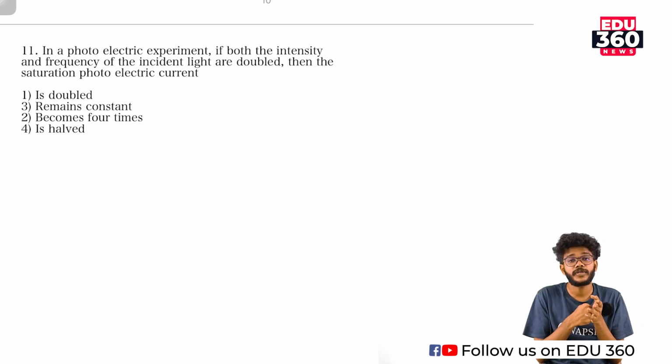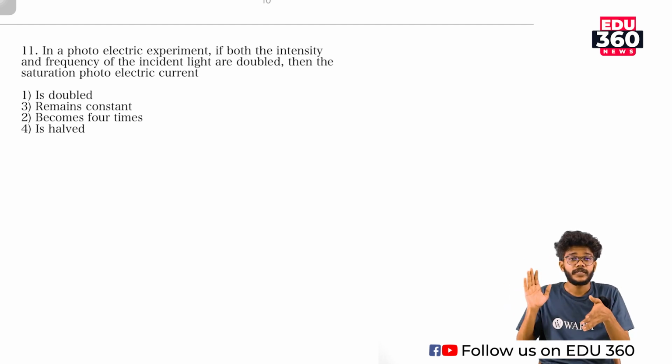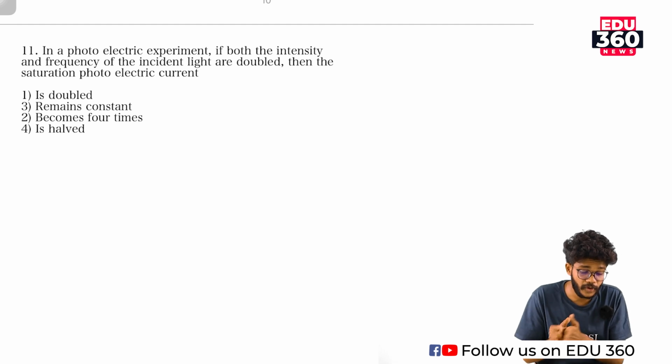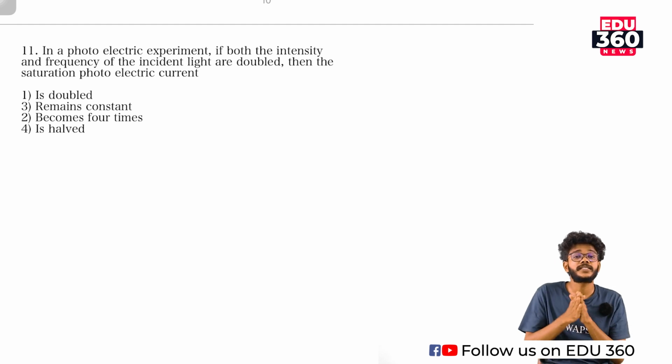We need to work out how intensity and frequency affect the current of the ejected electrons. So what is meant by current?